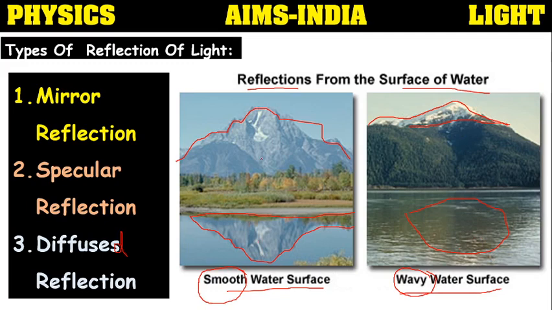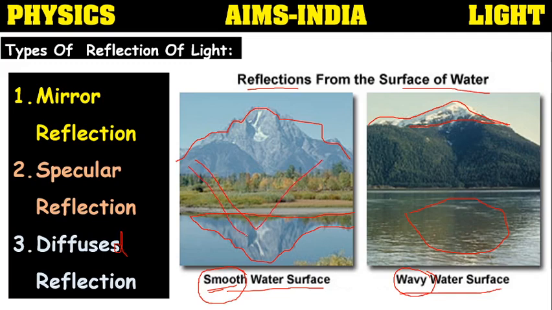So why is that? When the water is smooth or calm, whatever light rays are coming, in whatever direction and with whatever angle they are coming, they will be reflected back in the same direction.